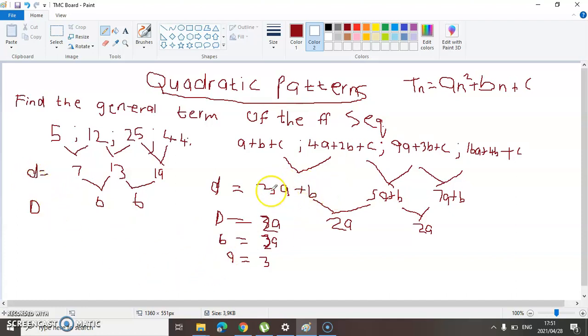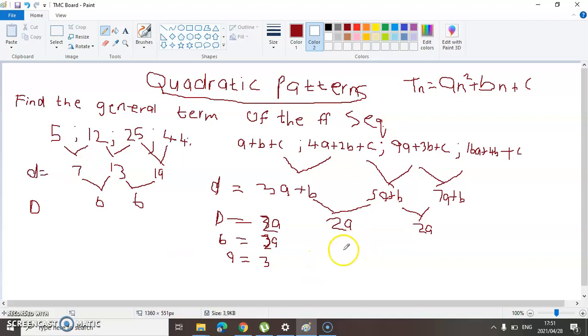So this is d1, the first term of the first difference. You are going to use it to get the value of b. So how are you going to do that? We know here that the first difference is 7.